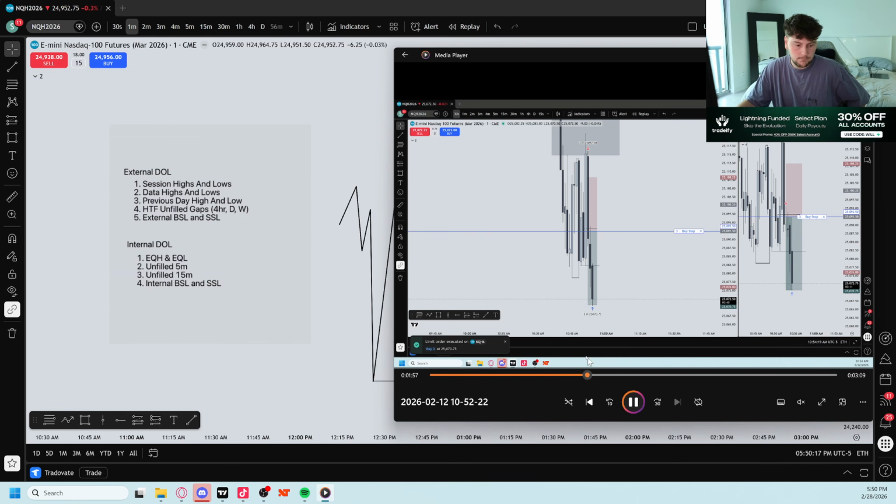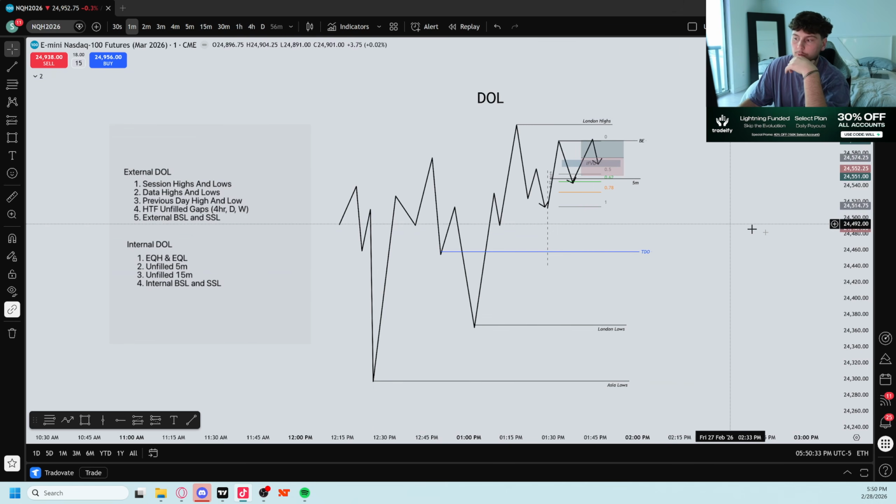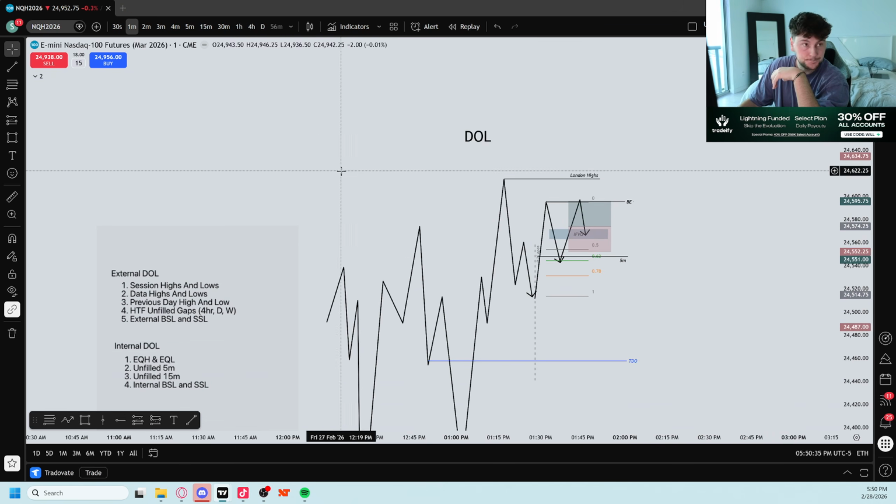Right there. So again, these are just examples of trades I took. This was the 22nd. The trade that I just showed you was the other day. Now, let's go back to the chart so I can show you guys this stuff. As you can see, we have examples of what we were going on.